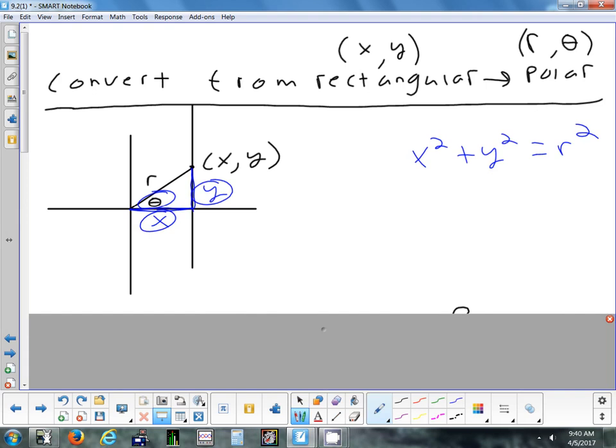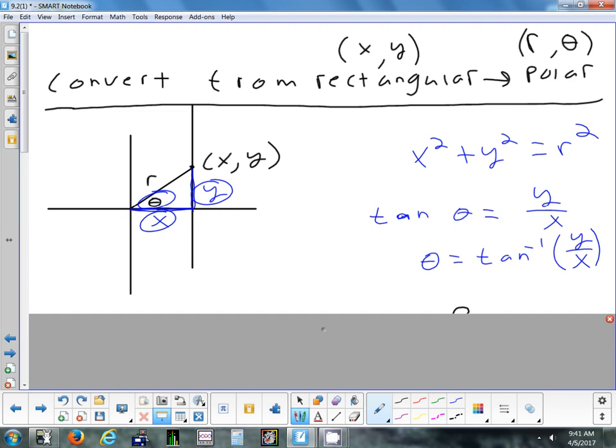What trig function would involve opposite and adjacent? Tangent. So the tangent of theta equals opposite over adjacent, but I don't want the tangent of theta. I just want theta. So how would I get theta by itself? We do the inverse tangent of y over x. Okay? So that's how you find theta.